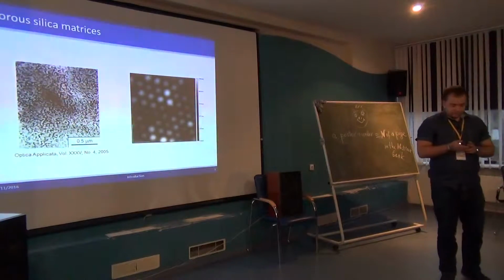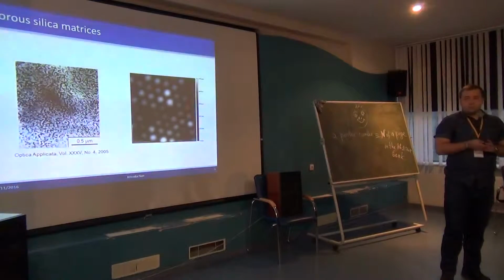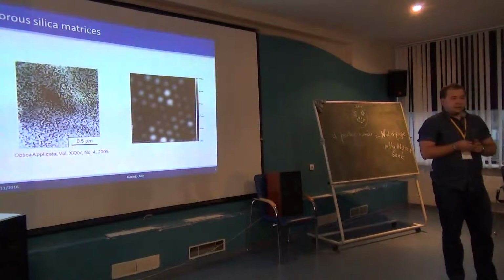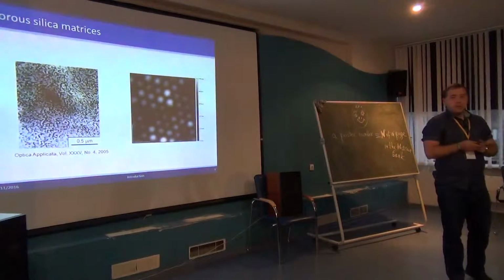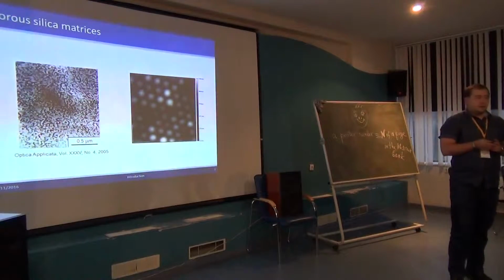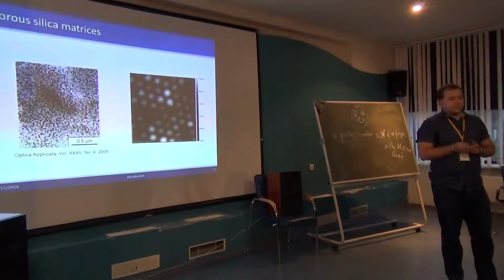hundred nanometers. Another important point I should mention is that not all the kinds of porous matrices are suitable for investigations of metals, because we should introduce the metal under investigation into porous media.